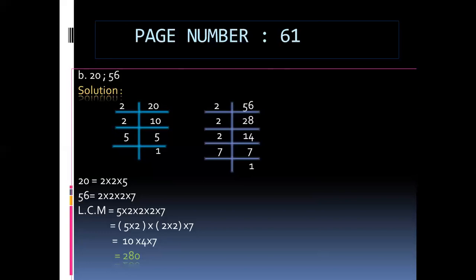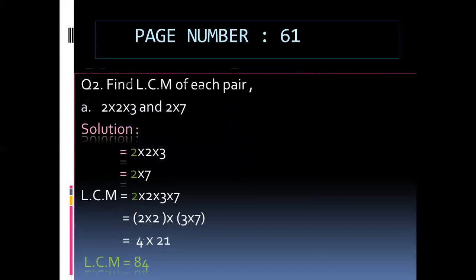The LCM of 20 and 56 by division method is 280. In this question, only two parts are there, A and B. Now come to the second question. Here the prime factors are already given.